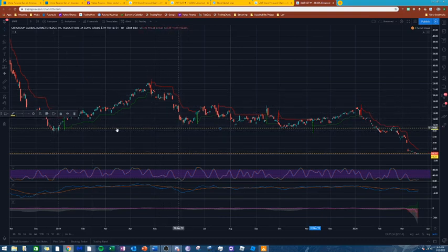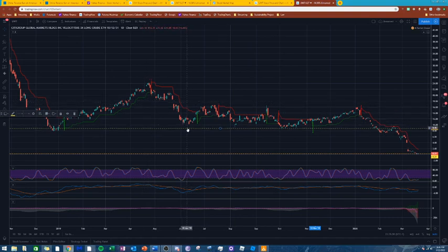When it tests this level again, you have people buying from the same level. You get a bit of a herd mentality. There's no logical reason, at least that I can think of, why there'd be so many buyers coming in right here, but because so many traders use support and resistance, it tends to work.